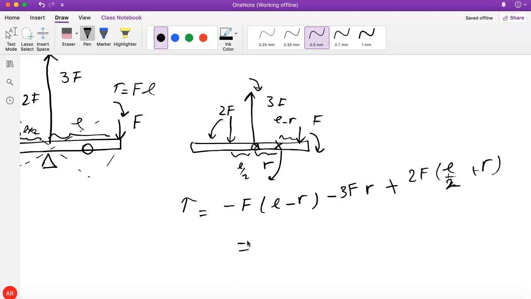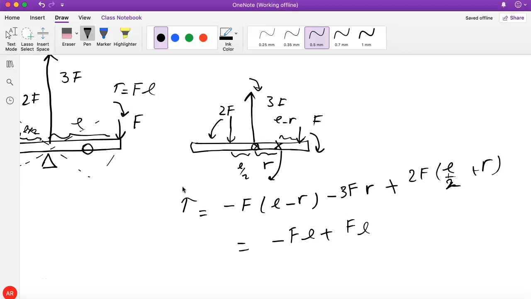Okay. So I'm going to get minus FL plus FL, right? If R is equal to 0, from this term and that term, the terms that don't have an R, the two axes are the same.